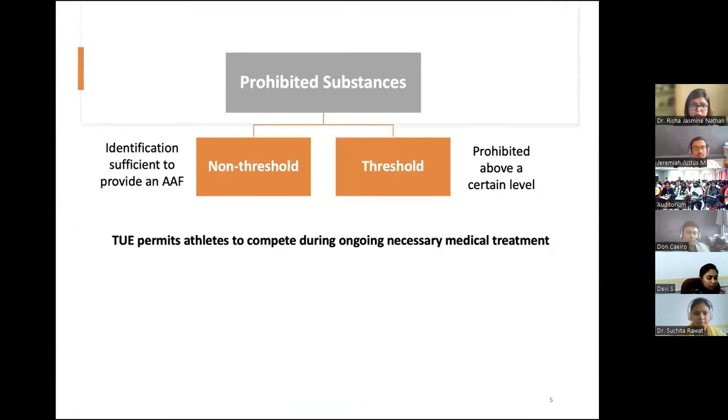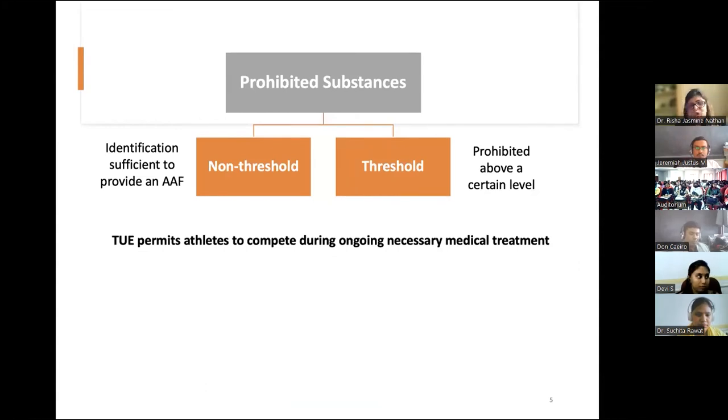Now, talking about substances, these fall into two categories: non-threshold and threshold. For non-threshold drugs, as the name suggests, identification alone is enough to prove an adverse analytical finding.